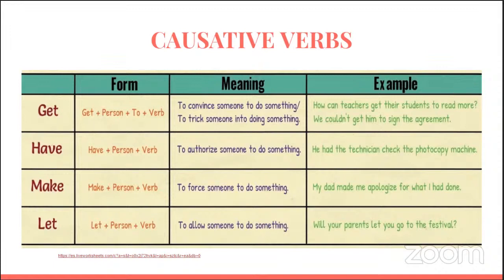It's close to a must, but not quite a must. I don't know if you get this. Maybe we can separate it as a scale. In the bottom we will have let. Next, we will have the verb have. And on the top, we will have make. That will be the ranking by strength, we can say.